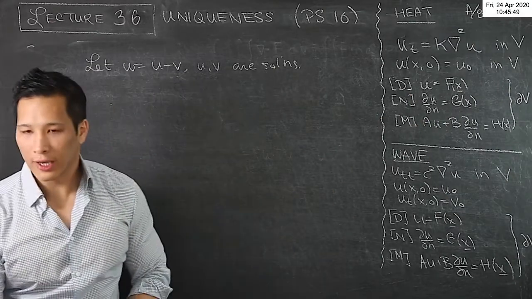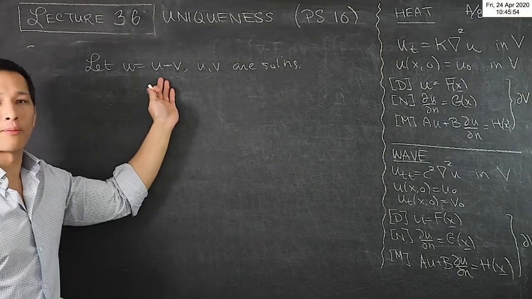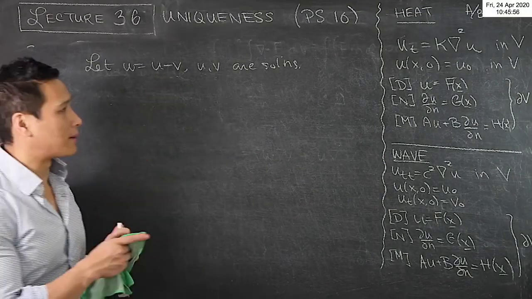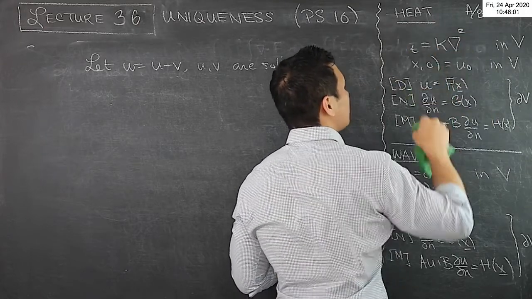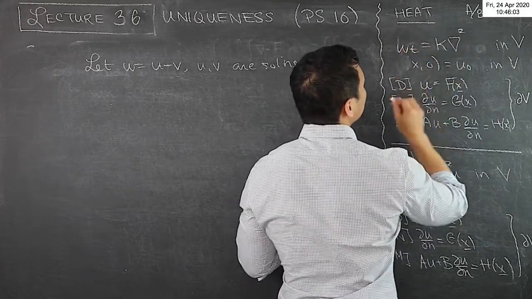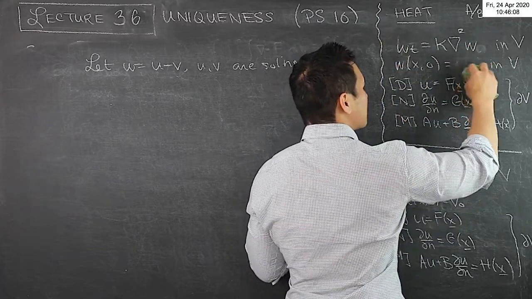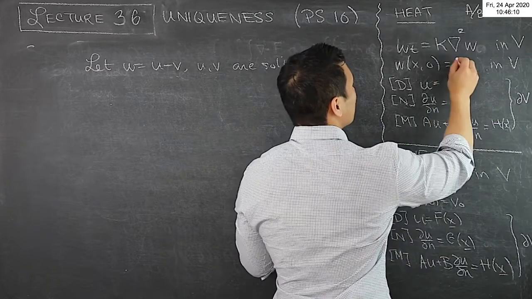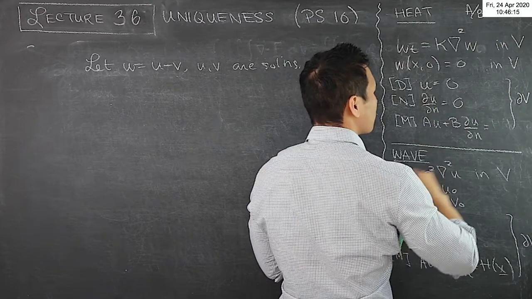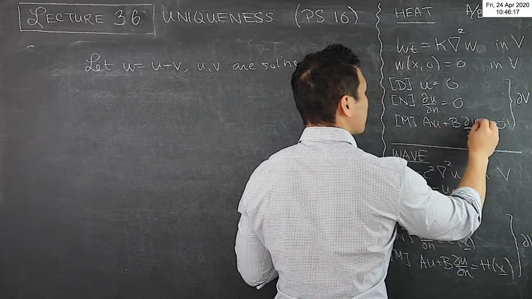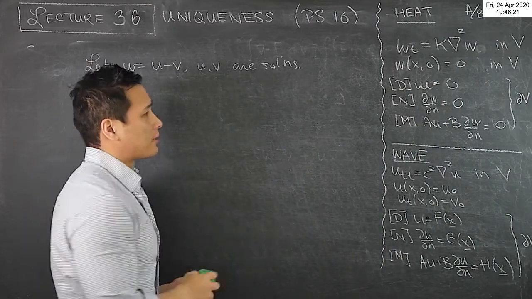So I'm going to replace the U and the V formulas with the problem that I'm now trying to solve for W. When you substitute it in, these are all changed to W's, and as we said, it zeroes out the boundary conditions and the initial conditions. And then the same thing for the wave equation.